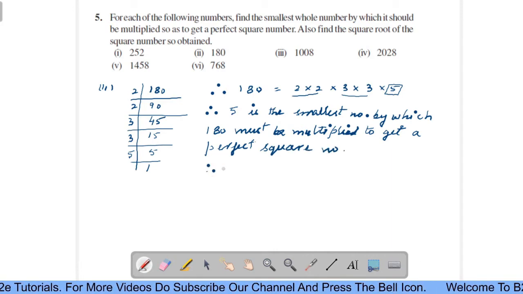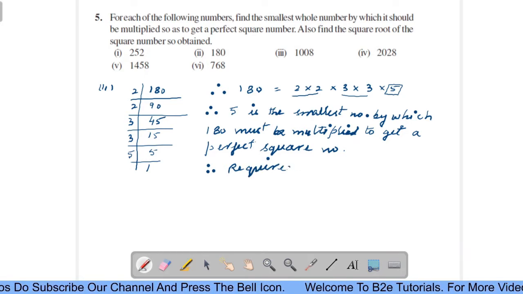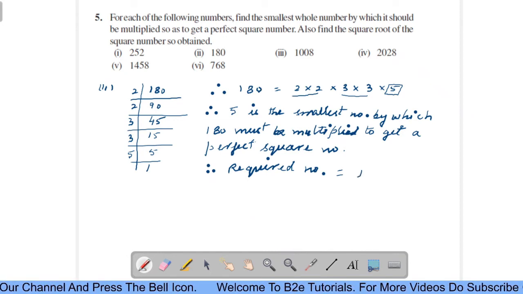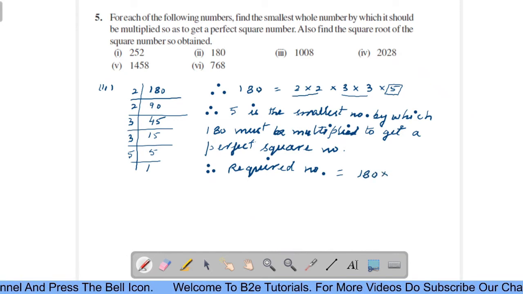Therefore required number equal to 180 into 5.